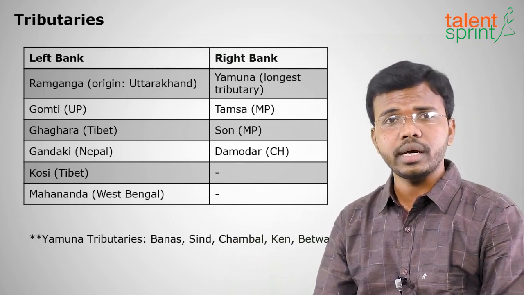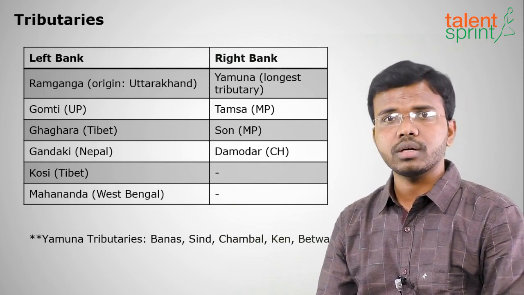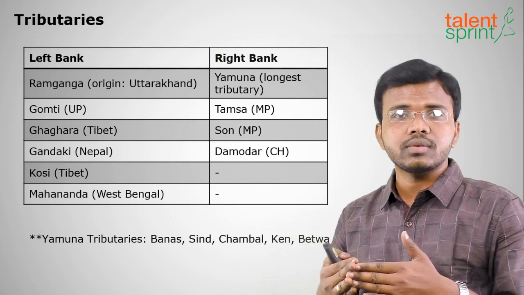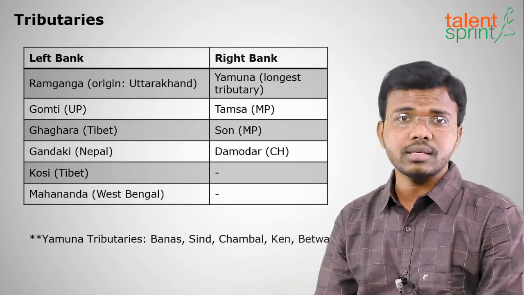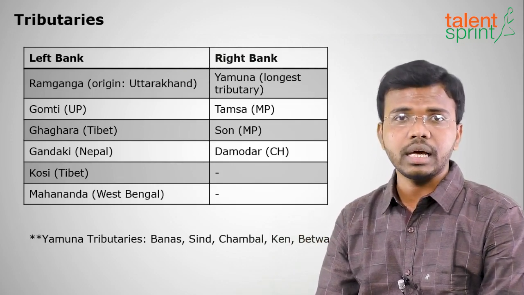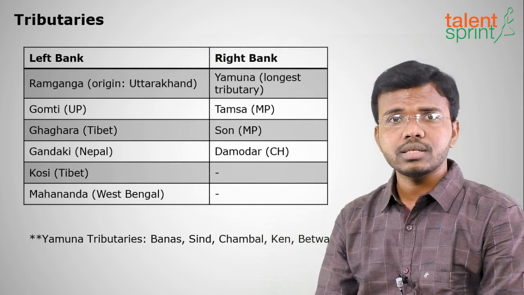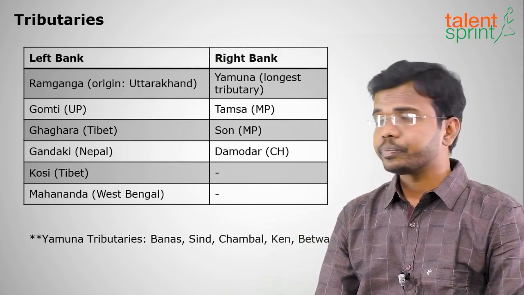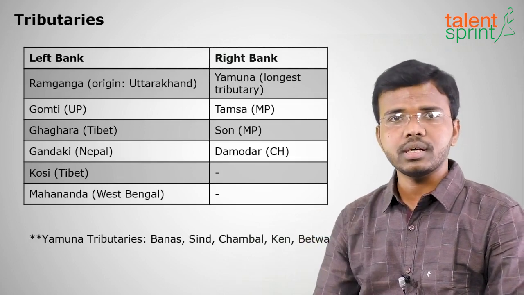Yamuna has become the drainage of Delhi, so we must protect our Yamuna river. The Ganga, Yamuna and Saraswati meet at Triveni Sangam at Allahabad, where the largest Kumbh Mela in India is held in UP. But Saraswati is now mystical, it is not visible.